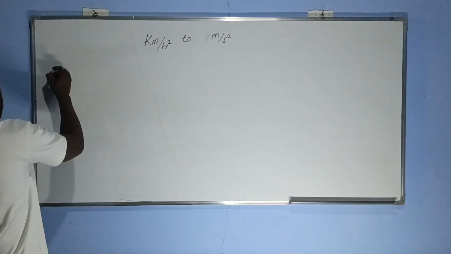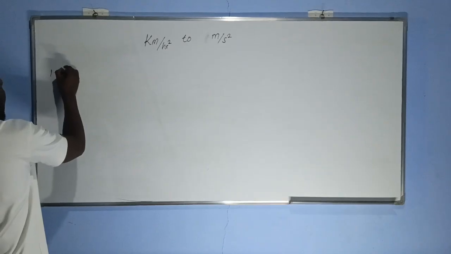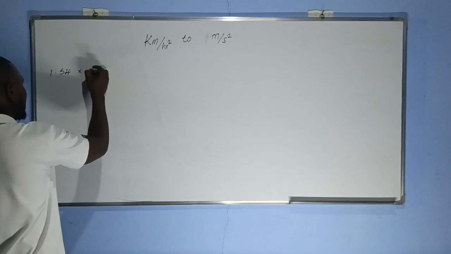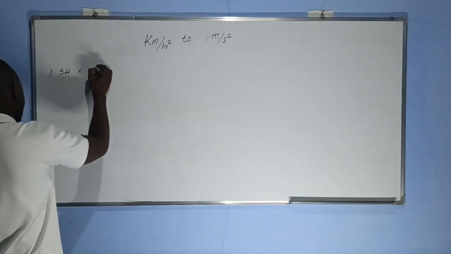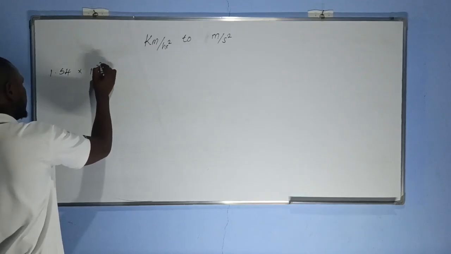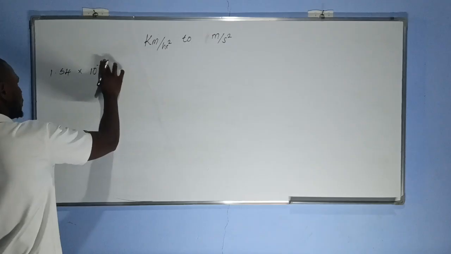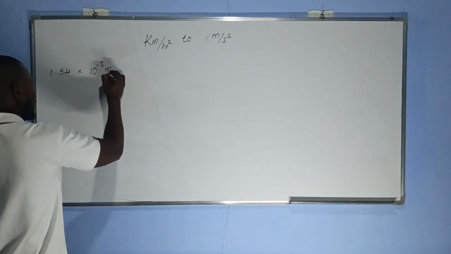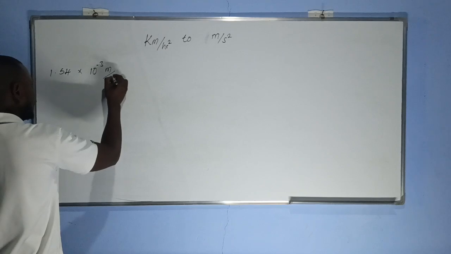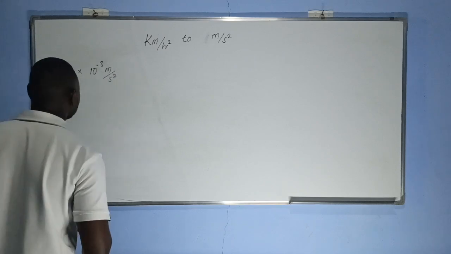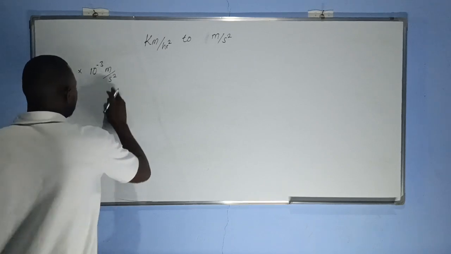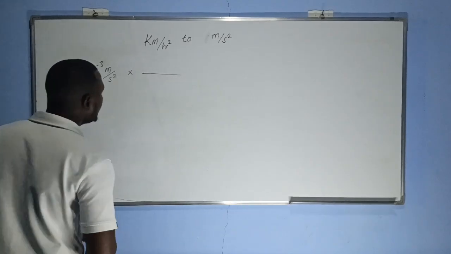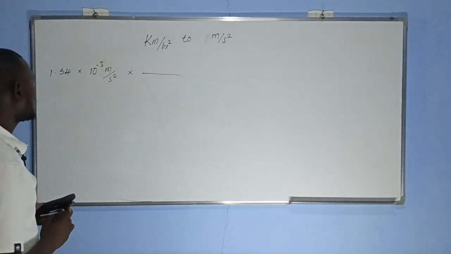So I'll say we now have 1.54 that we are multiplying by 10 to the power of minus 3. And this is in meters per square second. We need to convert it to kilometers per square hour. So how do we do it?